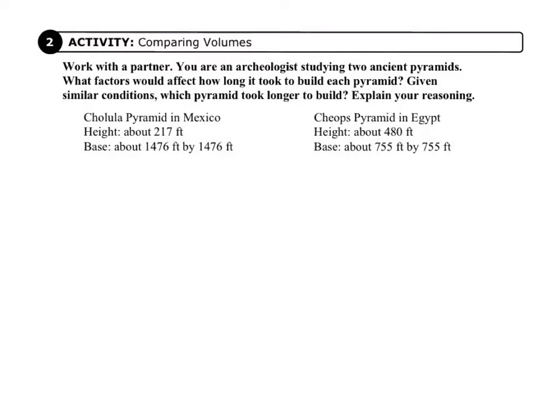So, the first thing is, what do we know about the pyramids from looking at the pictures in our textbook on page 310? I know your textbook copies are in black and white, but we can see that they are square pyramids, and we have those measurements. So let's write that down.